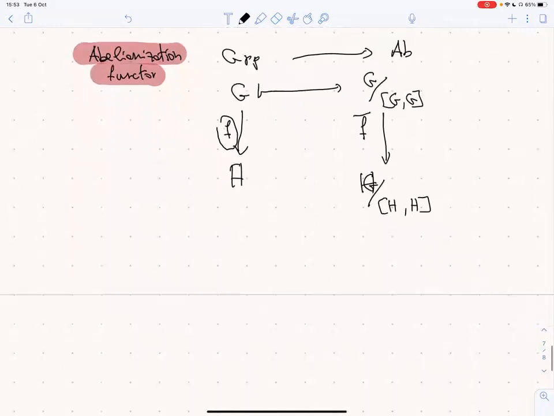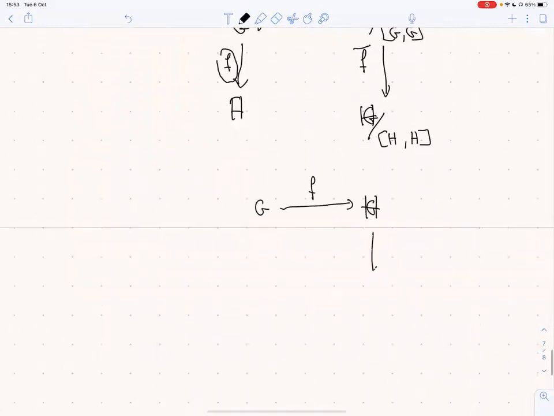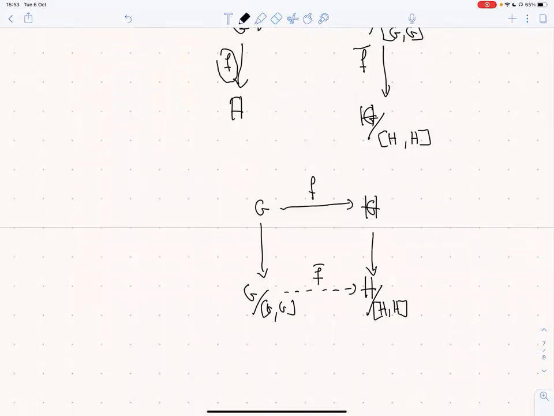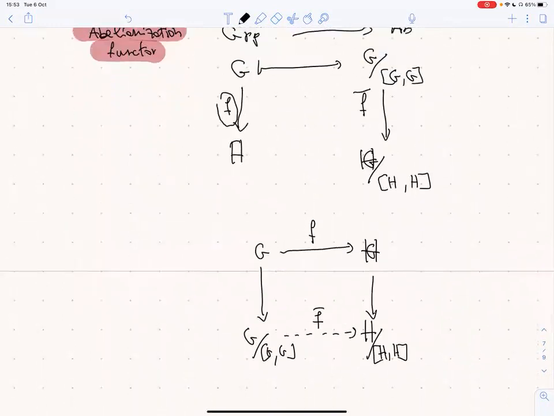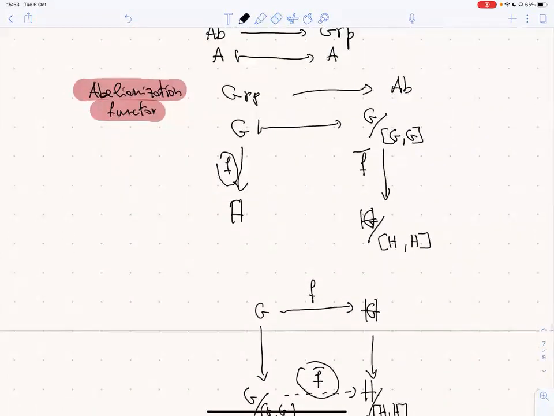So let's make it more precise. We have our F. Here we have the quotient by the commutators. And then you can observe that F must send commutators to commutators, and so there exists a morphism F bar here. I map F to F bar, and this guy is unique. So this assignment really makes sense. And this quotient is always abelian.